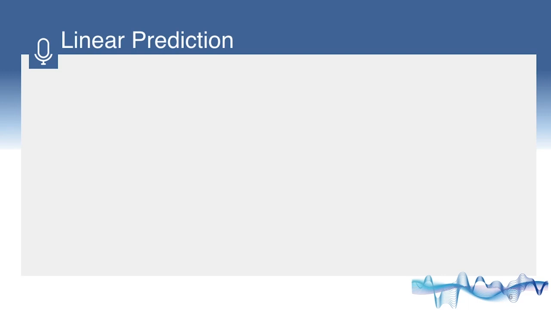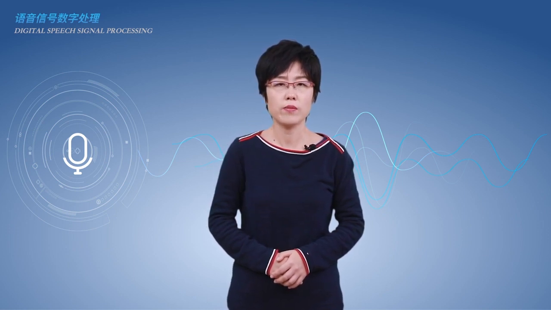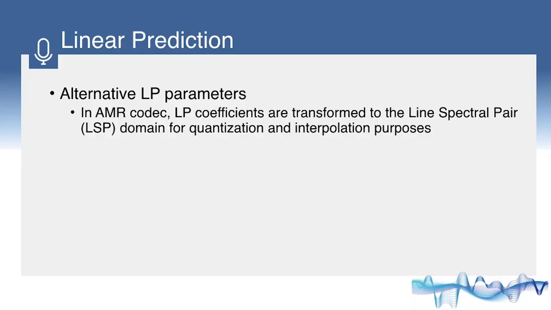In the LP analysis of the AMR codec, the autocorrelations of windowed speech are converted to the LPC coefficients using the Levinson-Durbin algorithm. Then, the LPC coefficients are transformed to the line spectral pair (LSP) domain for quantization and interpolation purposes.